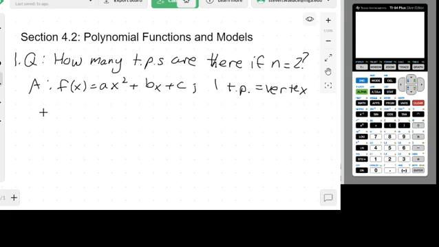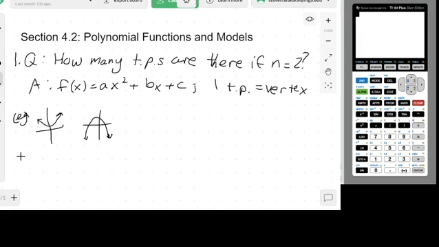Okay, so it could be a local min, which is also an absolute min, or a local max, which would also be an absolute max in this case. That has to do with whether the leading coefficient is positive or negative. And this, we'll see later, has to do with the end behavior of the polynomial function.